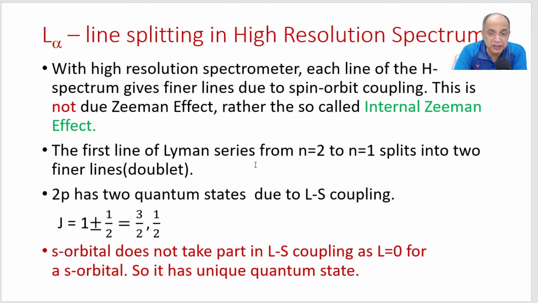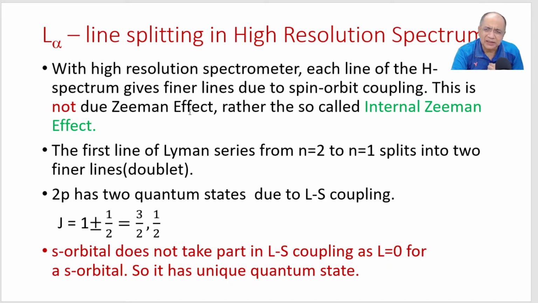The first Lyman series line is from n equal to 2 to n equal to 1, we know. That is from 2p to 1s. When there is no external field, the question of a 2s to 1s transition doesn't arise.